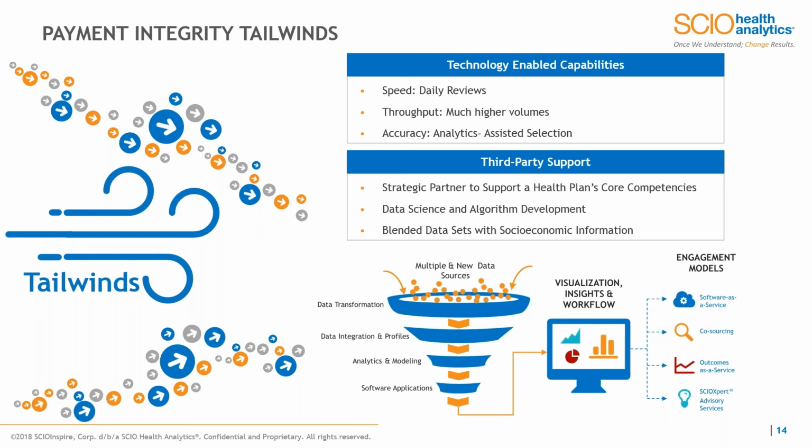Prepay reviews are essential to stop the pay and chase and provider abrasion that is associated with post-pay reviews. Data integration provides insight into members and providers to create profiles to understand the complex data sets and identify trends in the data. It is essential to have analytic models that are accurate and efficient to keep ahead of the evolution of healthcare.